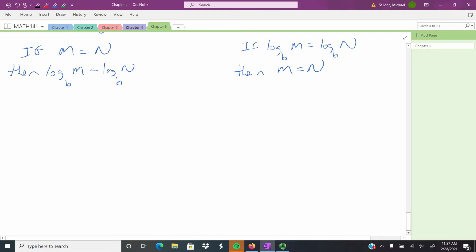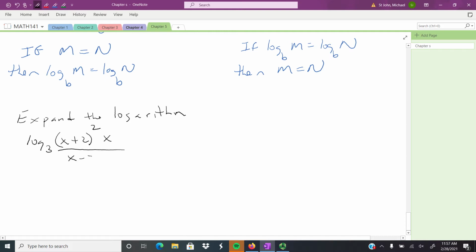So in terms of how those three rules work, product, quotient, power rule, we get a question like this where we want to expand the logarithm. So log base 3 of (x plus 2) squared times x over (x minus 7) cubed.